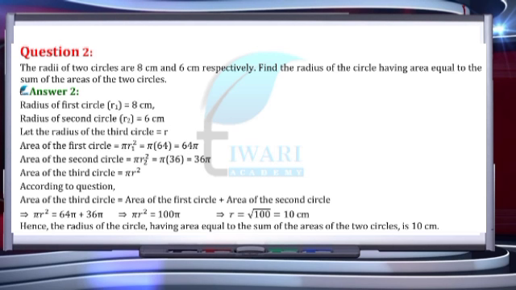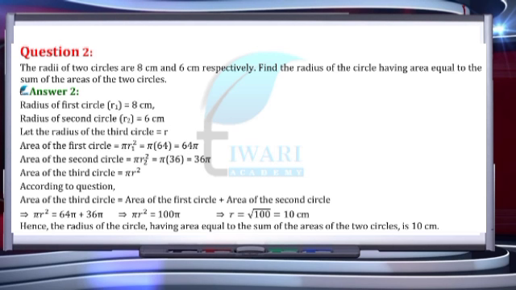So here A1 plus A2 is equal to A, that is, the area of the first circle plus the area of the second circle is equal to the area of the third circle. We substitute the values, and the formula of the area of a circle is pi r square. So pi R square will become 64 pi plus 36 pi, that is 8 square and 6 square. This implies pi R square is equal to 100 pi.